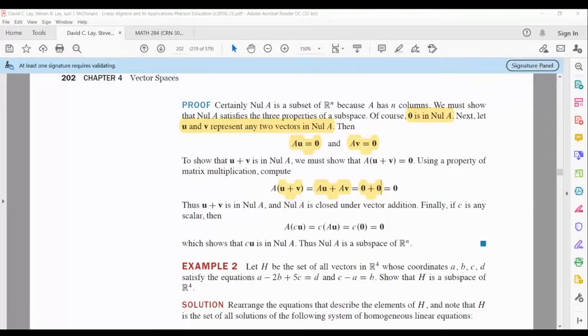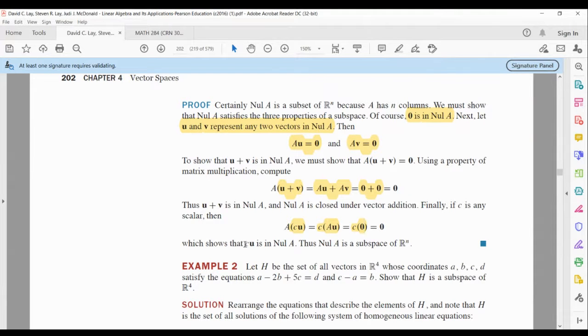Well, then let us continue a little more here. The last condition is to show that the null space is closed under multiplication by scalars. Here's a scalar times the vector u, and A times u equals 0, so u is in the null space. But by the properties of matrices, we can factor out the constant, that scalar c, and then we get the zero vector.